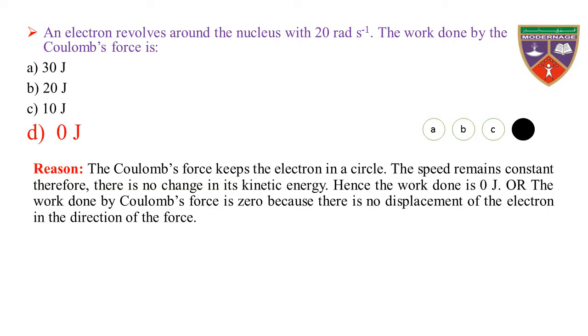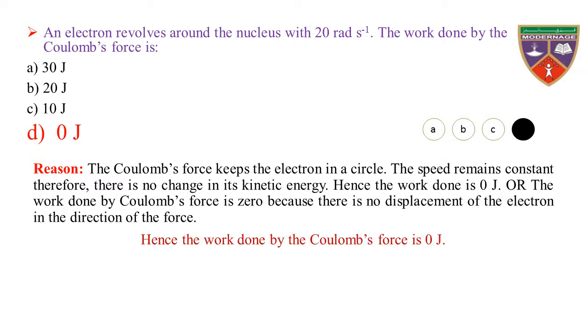Reason. The Coulomb force keeps the electron in a circle. The speed remains constant. Therefore, there is no change in its kinetic energy. Hence, the work done is 0 joule, or the work done by Coulomb's force is 0 because there is no displacement of the electron in the direction of the force.